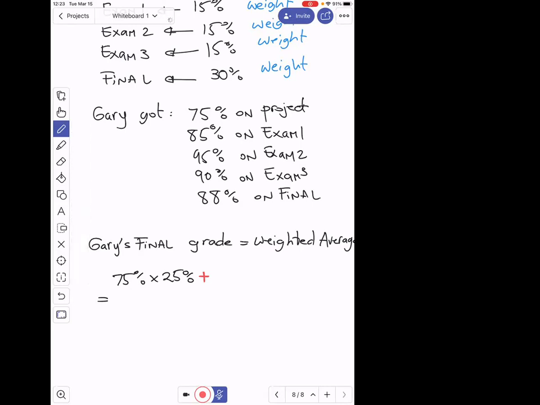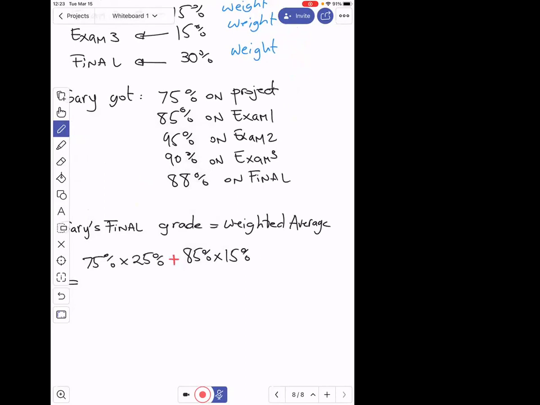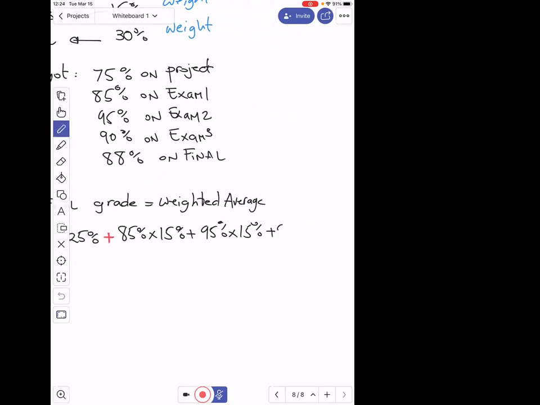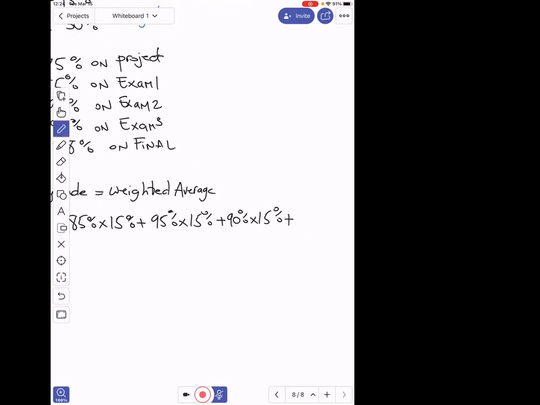First exam, Gary got 85% times the corresponding weight. Each exam is worth 15%, so times 15, plus. Next exam is 95 times 15. Third exam, he got 90% times 15 plus, and then the final he got 88% times the weight of the final, which is 30%.